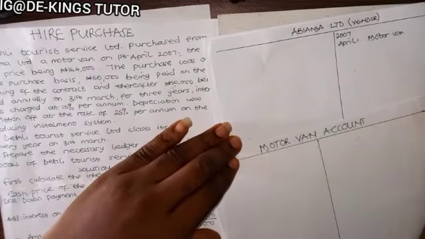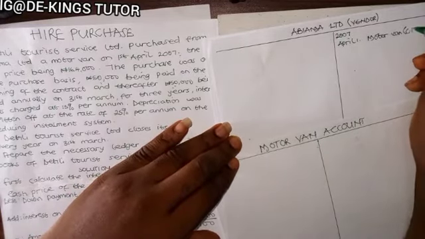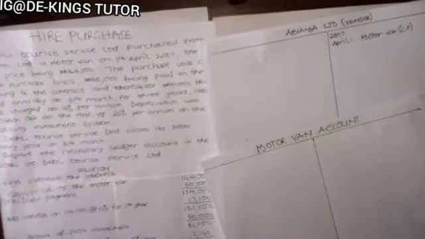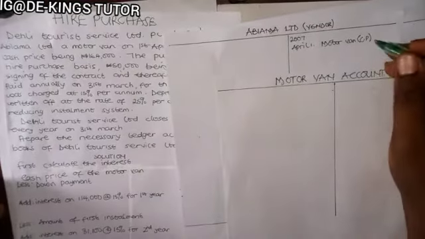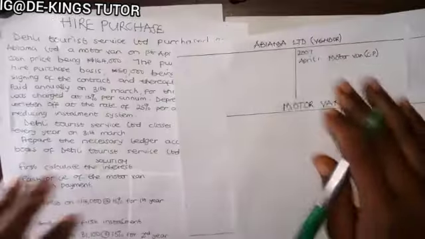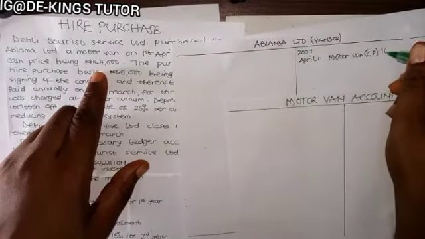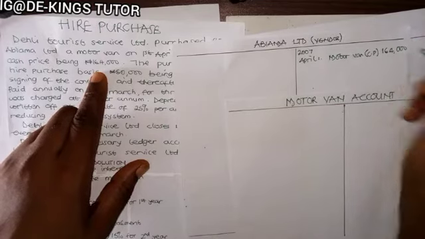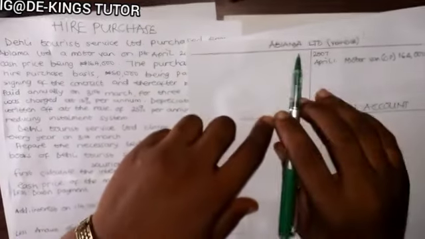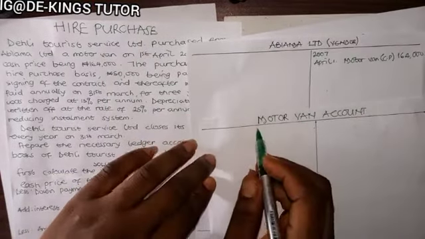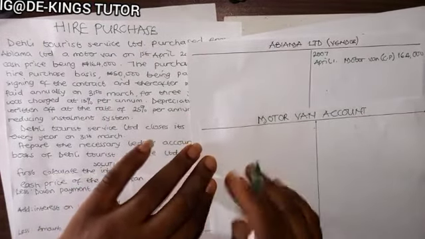This is a cash price. Let me put CP, the cash price. So the motor van, the money that was paid is 164,000 for the hire vendor, and the corresponding entry comes to the hire vendor account.